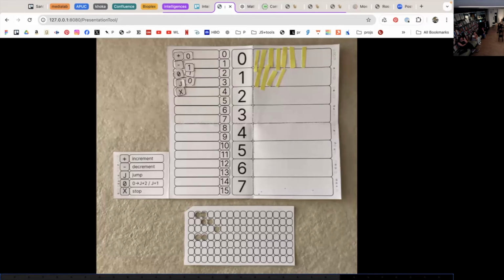This is a paper machine created in the 70s in the workshop we ran in Barcelona, where I met Lloyd. We play a little bit with this computer, and it's just using memory slots and operating with only these commands, right? And you can do essentially everything because it's a Turing complete machine, right?